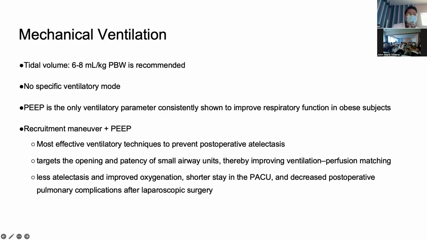So for mechanical ventilation, the recommended tidal volume is 6 to 8 milliliters per kilogram of predicted body weight.